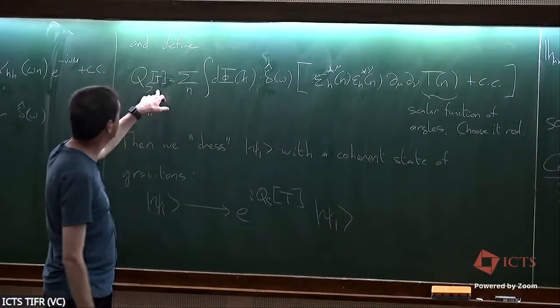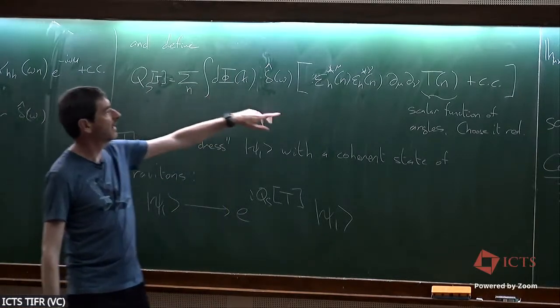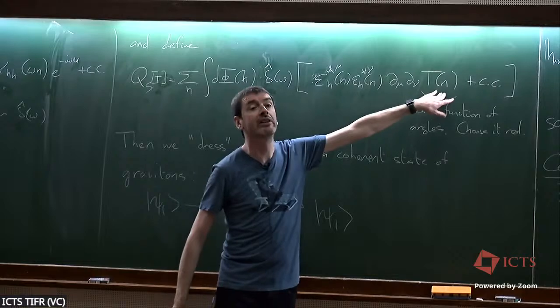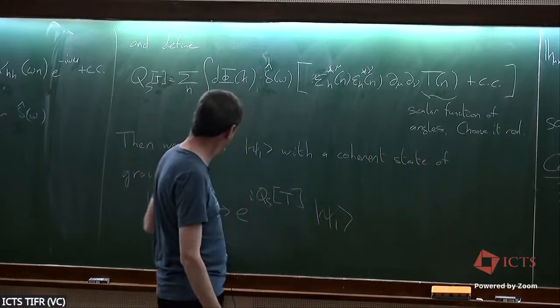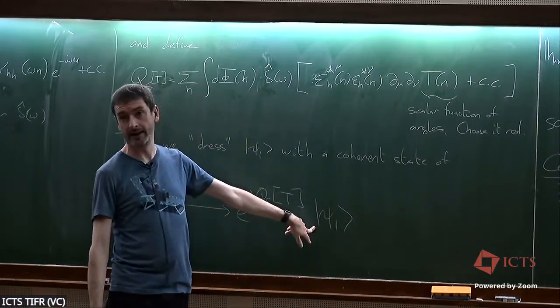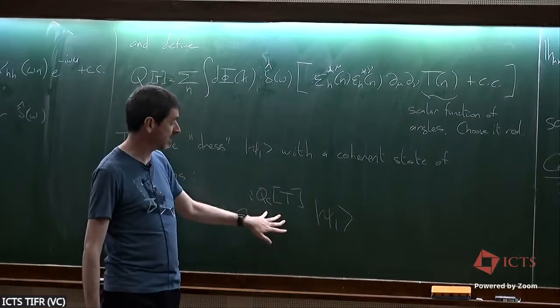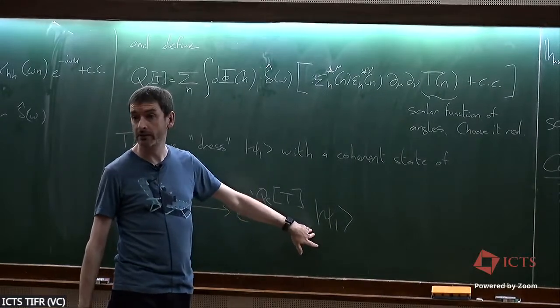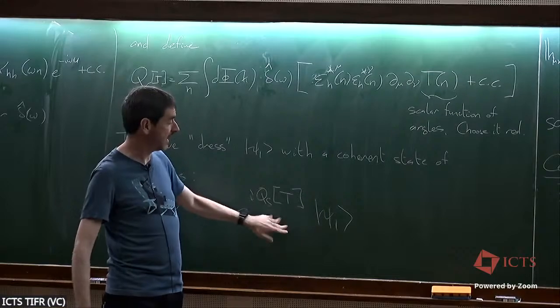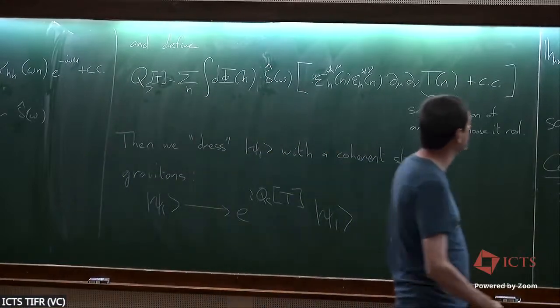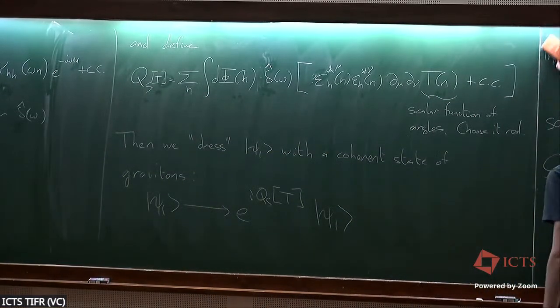I'm writing the function of t in square brackets because we're integrating over t, so it's really a functional of t. And this operator here is the dressing operator. So this is attaching onto our massive particle a cloud of gravitons. So the last computation then is to take the expectation value of h mu nu on this dressed state.